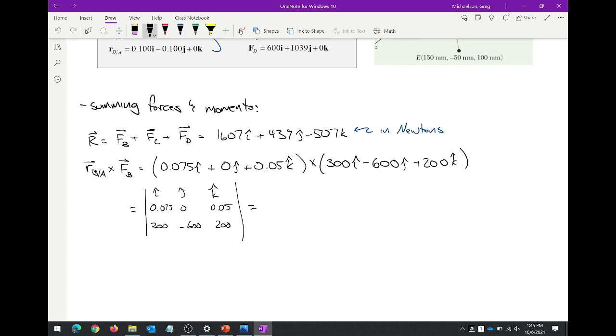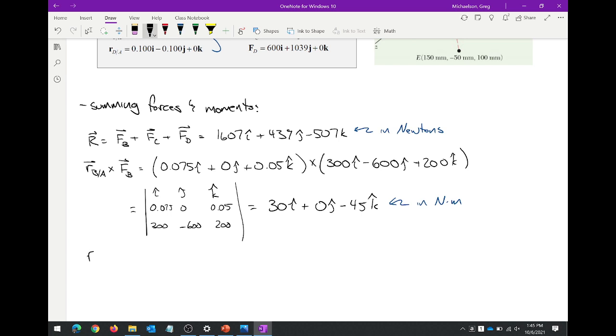And when you chug this out, you end up getting 30i plus 0j minus 45k, and this is in newton meters. Again, if you leave these in millimeters, this will be like 30,000 and this will be 45,000. I just think it makes the math a bit cumbersome as you go through the calculations. That's just me. It's not necessary, but that's what I think.